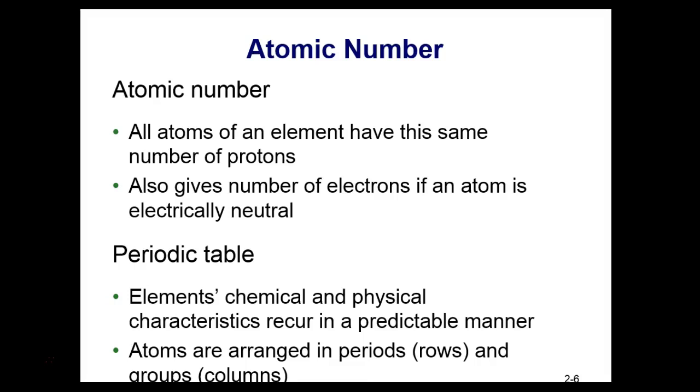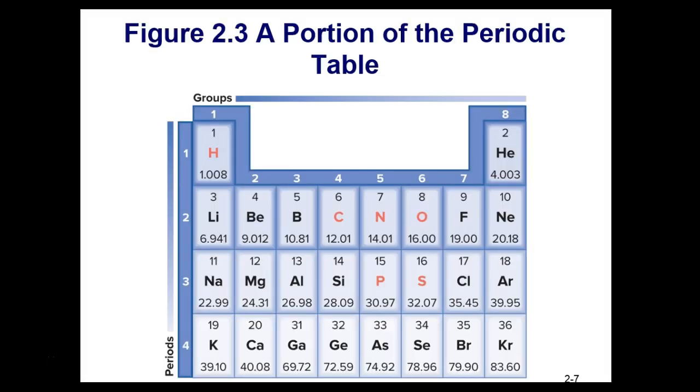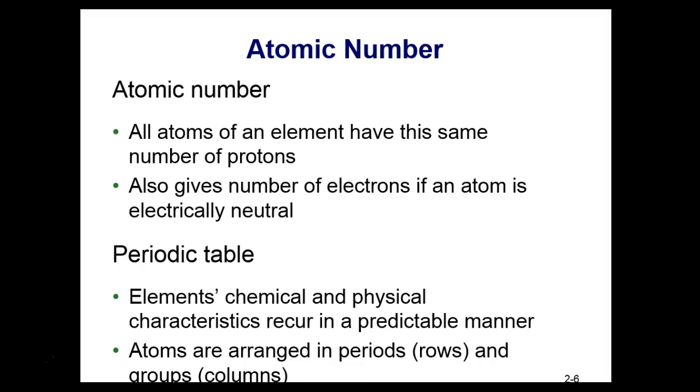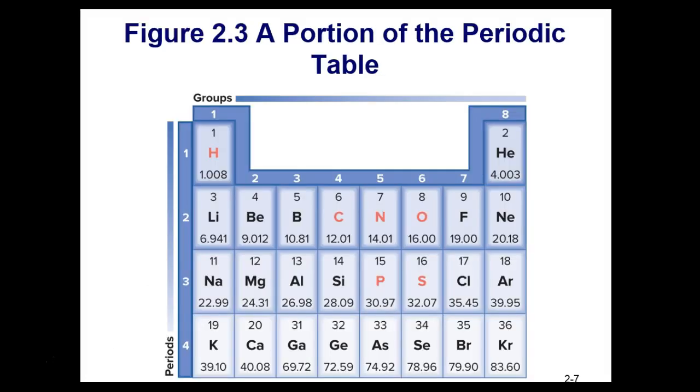There is an atomic number, and as stated before, all atoms of an element have the same number of protons. So, for example, if you look in your periodic table of elements, hydrogen is considered an element.